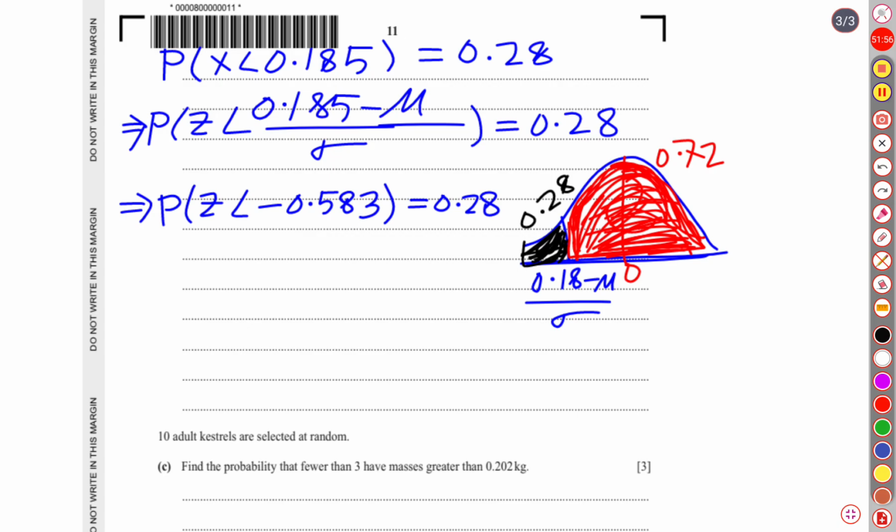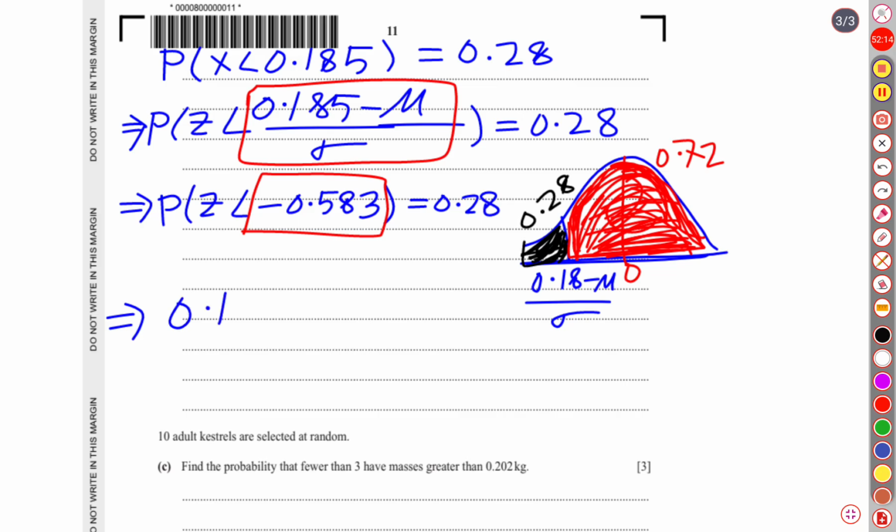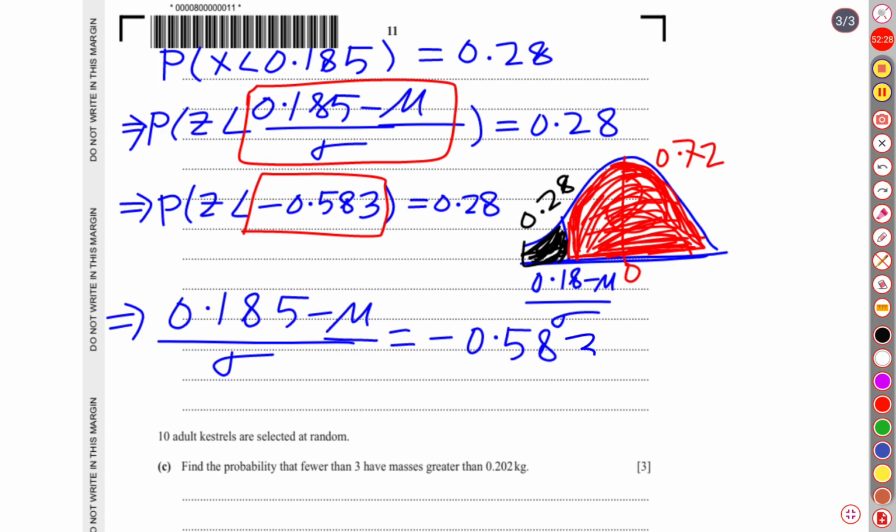Now both of these, if we look carefully, this is z score and this one is also z score, so surely they are equal to each other: (0.185 minus mu) over standard deviation is equal to negative 0.583.